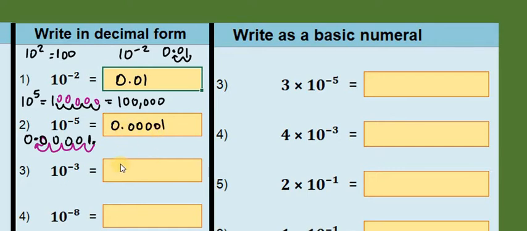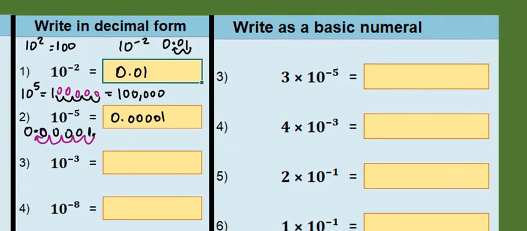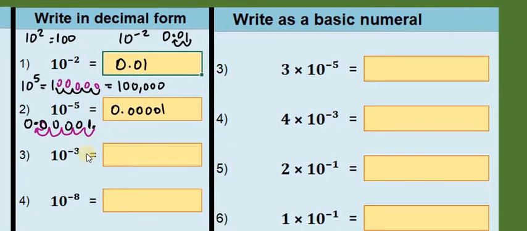Alright, so now let's try the third one. And then we're going to come up with an idea of how to make this much easier for us to do. 10 to the negative third power. So let's look at that. Again, we start with a 1. The point is right here.